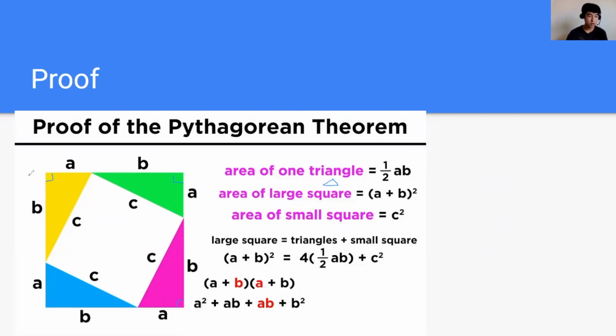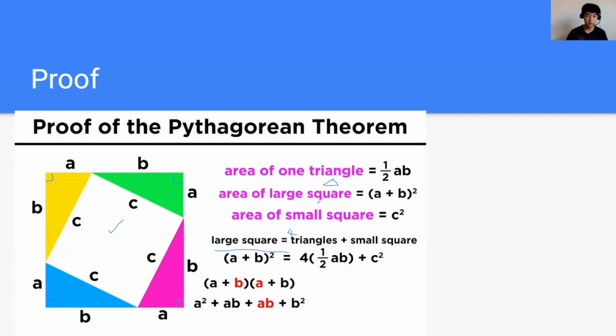The large square has A plus B as one side, so (A plus B) squared. The area of the small square right here, the white one, is C times C, which is C squared. So we can make an equation out of this. Large square equals 4 triangles plus the small square.